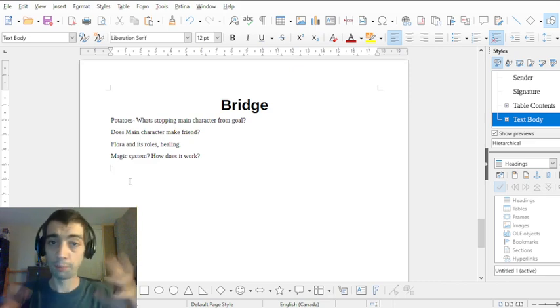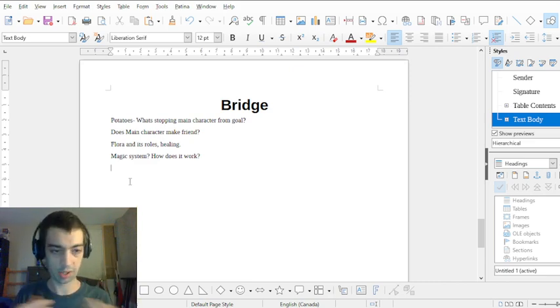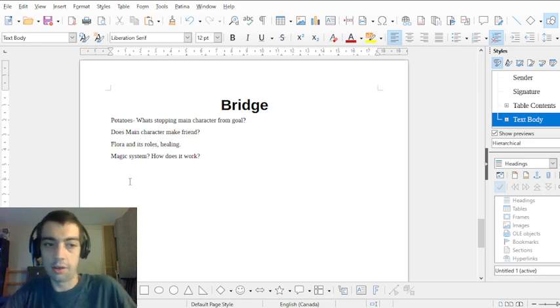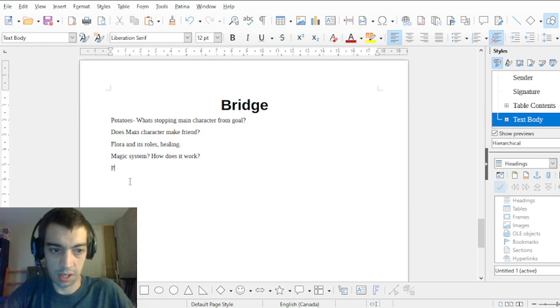Now, the bridge could be any kind of scene. So it could also be a series of scenes. So with the bridge, you want to think about where your character is going and what can interfere. So do they have conflicts? Friendship challenges, I should say.